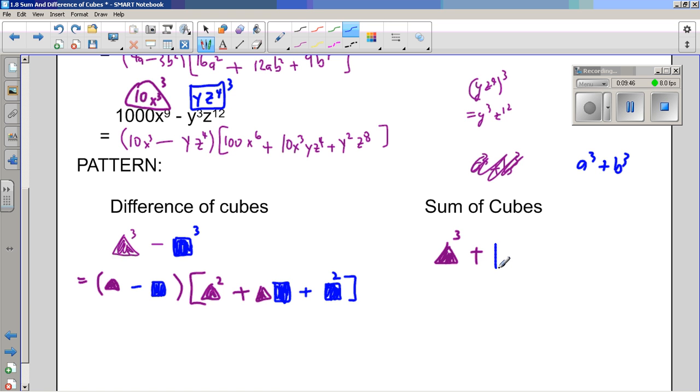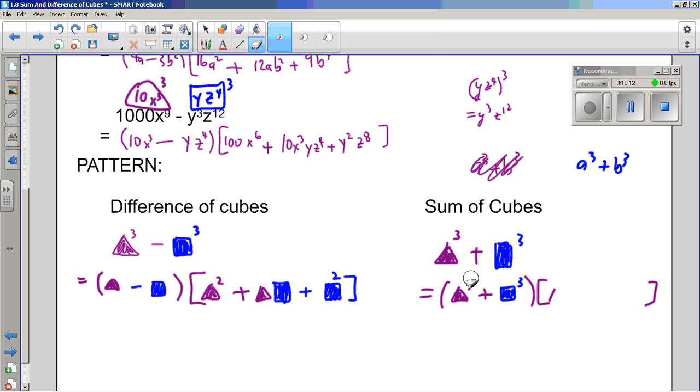For a sum of cubes, some good coloring there on my part. First thing cubed, and it's a positive here, right? You cube root the second thing, and it's a positive. Oh, oops, I didn't put the threes on there.